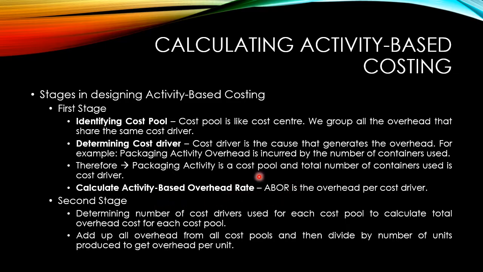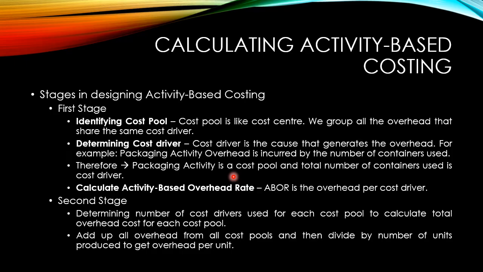So this is like the overhead absorption rate, exactly like the overhead absorption rate, OAR, except this is the absorption rate for each of the cost pools. Okay, if you still recall chapter 5, when we calculate OAR, it is for the purpose of one department. One department has one OAR.